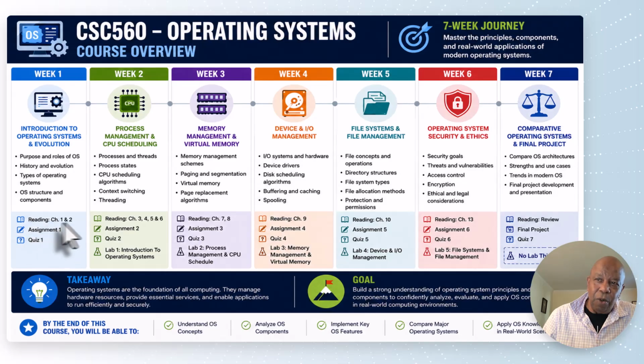The assignment and the quiz in week 1 come from chapters 1 and 2. So here we're telling you what chapters in the text are assigned to this class, and which chapters highlight the content we're going through in that given week. So that's where the chapter readings come from.